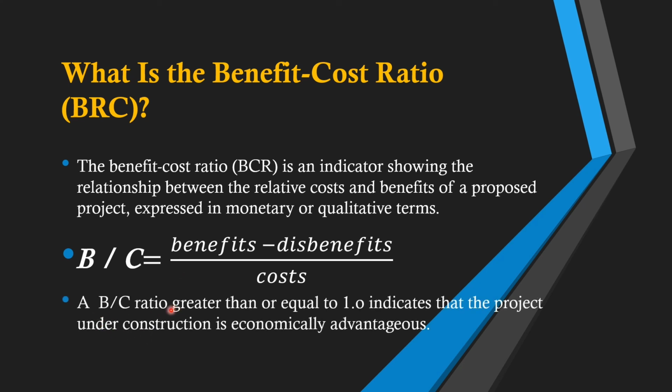A benefit cost ratio greater than or equal to 1.0 indicates that the project under consideration is economically advantageous. So if we use this equation and the final result is greater than or equal to 1.0, the project is advantageous.